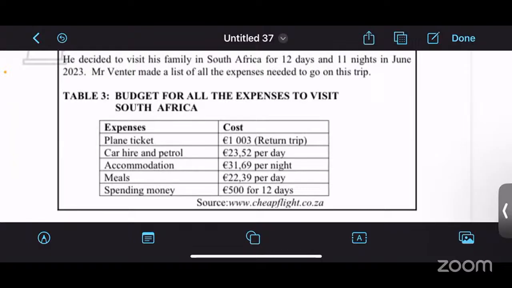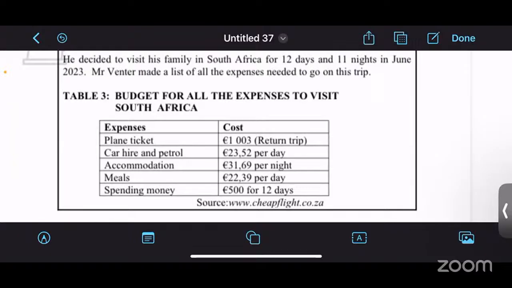Accommodation is 31,39.69 euros per night. Meals are 22.39 euros per day. And spending money is 500 euros for 12 days. That is the money to be spent.